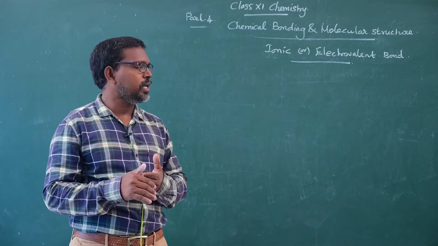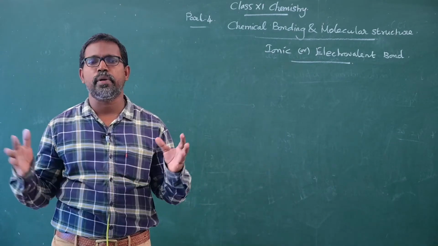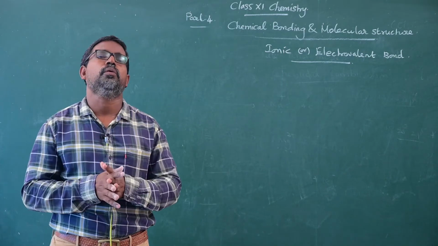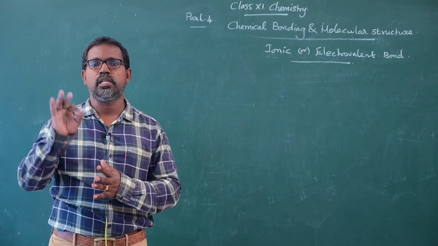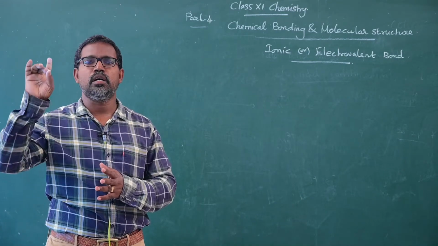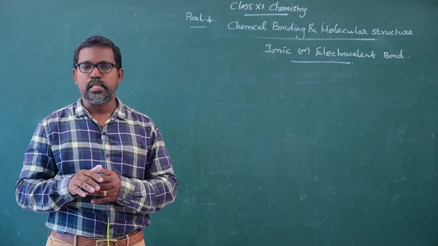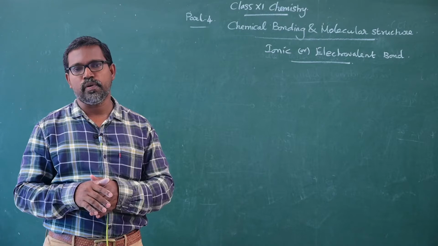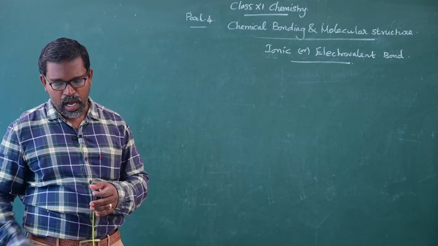Based on the strength of the force operating between the atoms present in the molecule, it is classified into three important categories of chemical bonds. One is ionic bond or electrovalent bond. Second is covalent bond. Third, coordinate covalent bond.